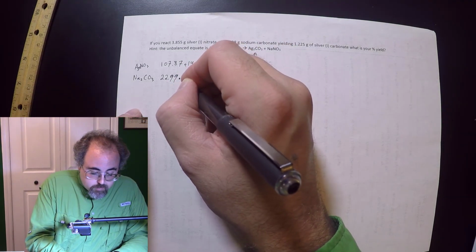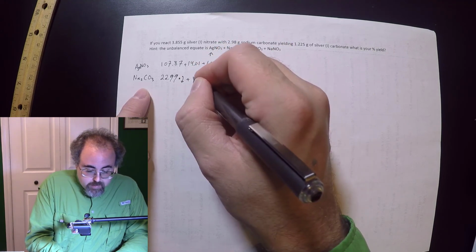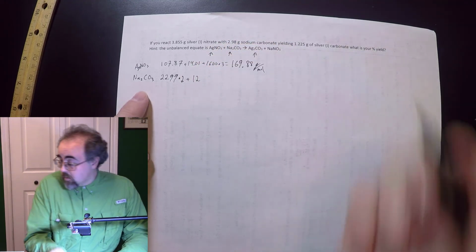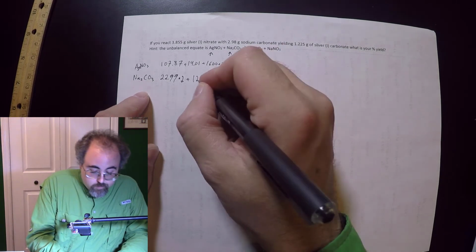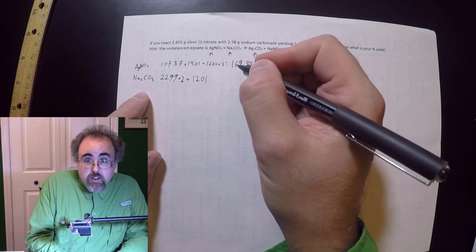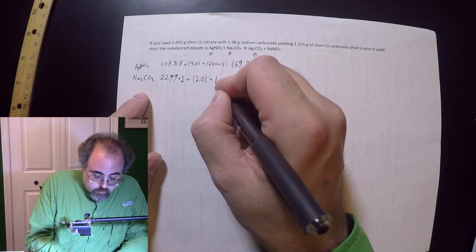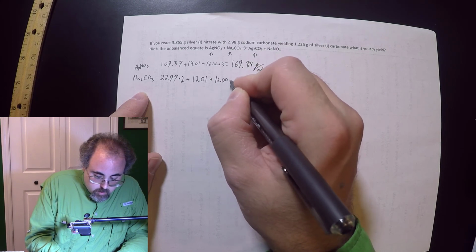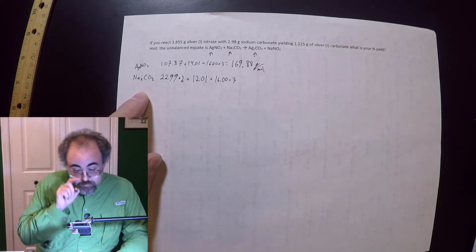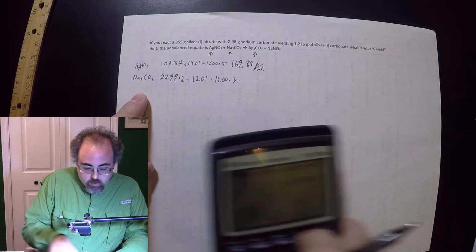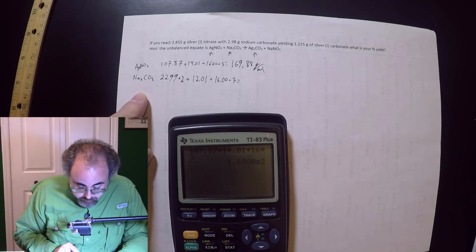Okay, so I have 2 sodiums, plus carbon, that's going to be 12.01. Use some of these enough, you get them memorized. Plus 16.00 times 3. Okay, so calculator time. I ain't doing that in my head.